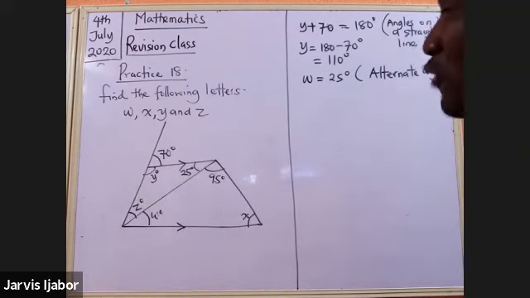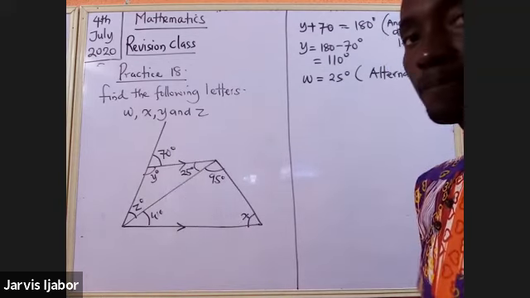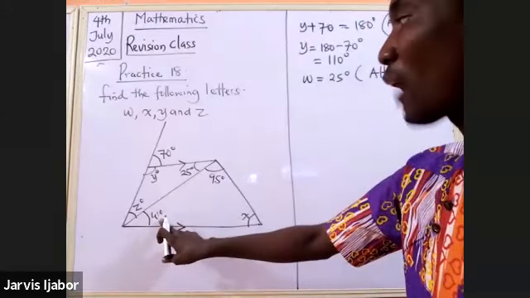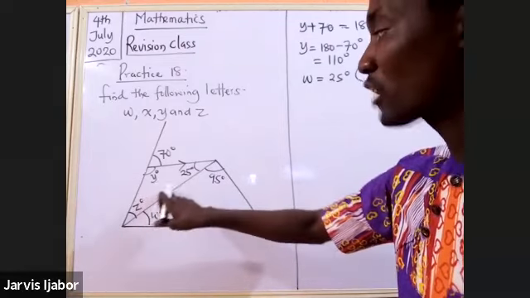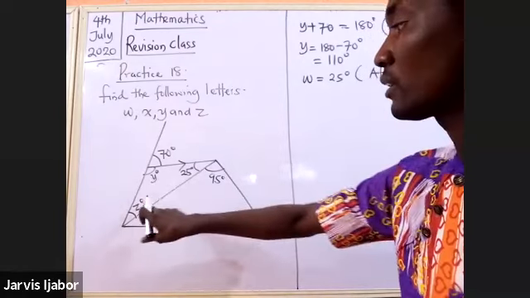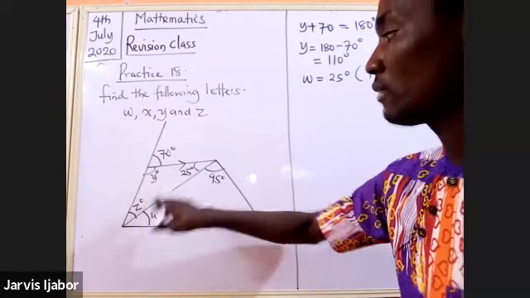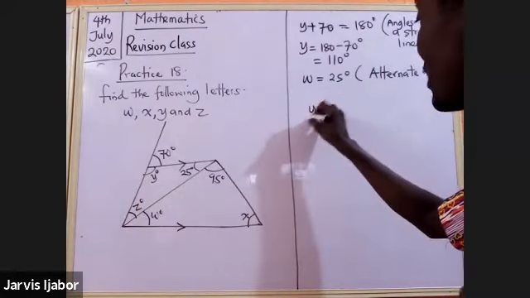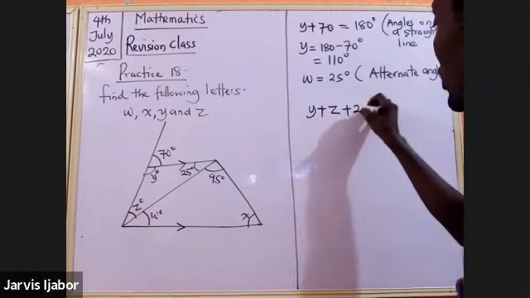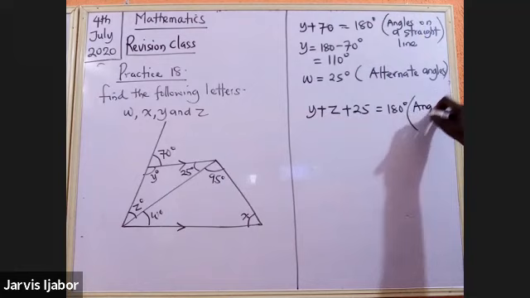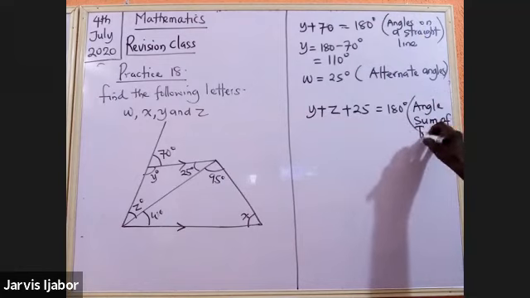Now, I've gotten W, I've gotten Y, and I need to get Z. This is a triangle. So Y plus Z plus 25 is equal to 180 degrees. What's the reason? Angle sum of triangle.